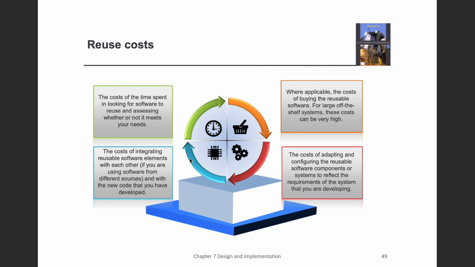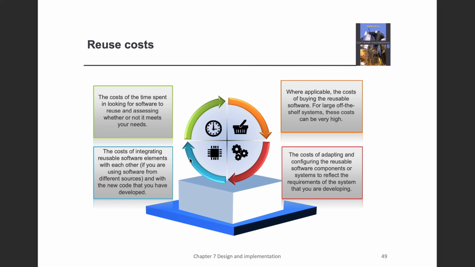And then, where applicable, the cost of buying the code. You may have to purchase some of the components, so if you need to purchase that particular software, what are the costs involved there? And the cost of adapting and configuring reusable software components.